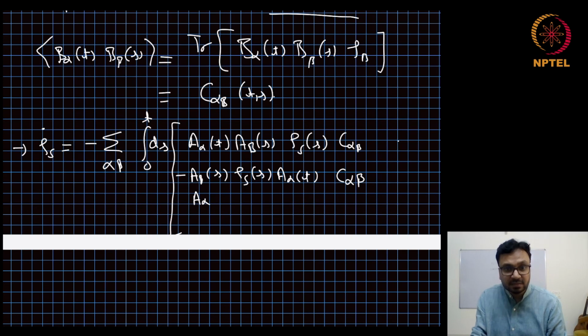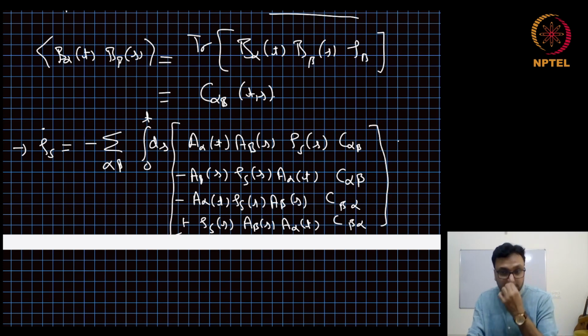That was with a minus sign, minus A alpha of t, rho s at s, A beta of s, C beta alpha, plus rho s at s, A beta at s, A alpha at t, C beta alpha.